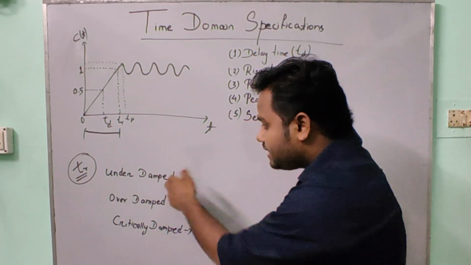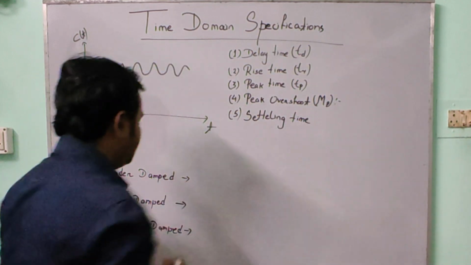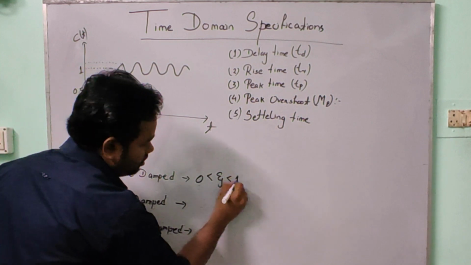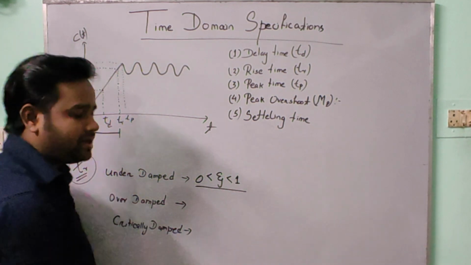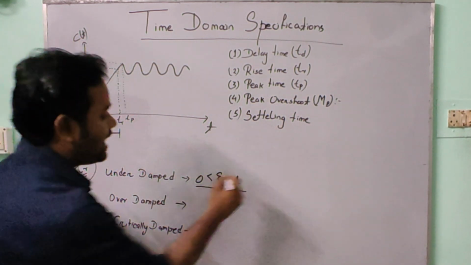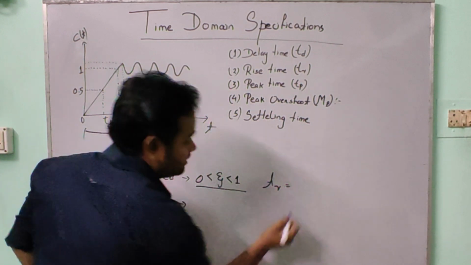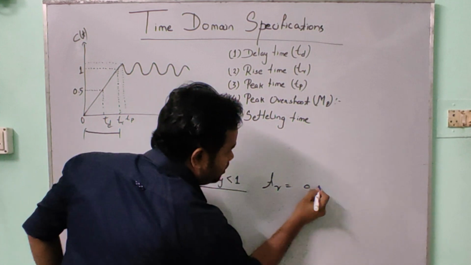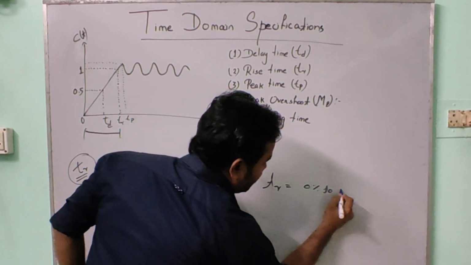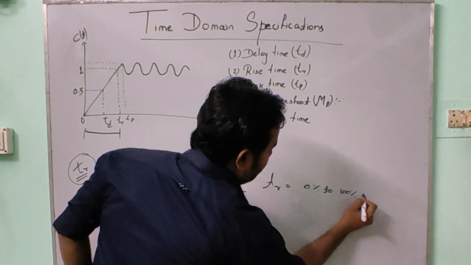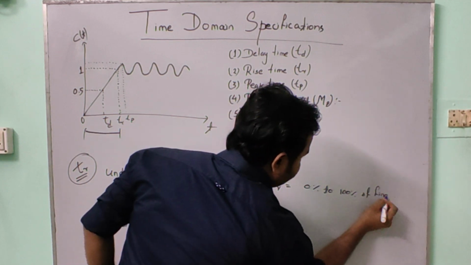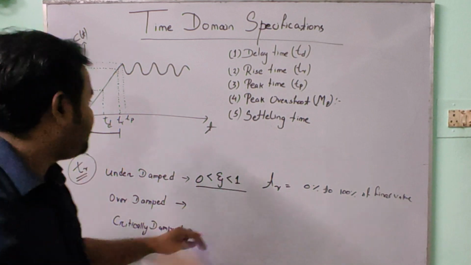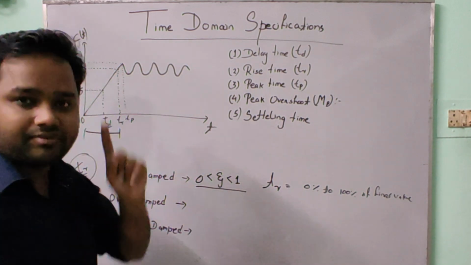So what is the value of TR for an under damped system? We know that an under damped system means 0 less than zeta less than 1. Within this range, TR means the time taken to increase the value from 0% to 100% of the final value for the very first time.